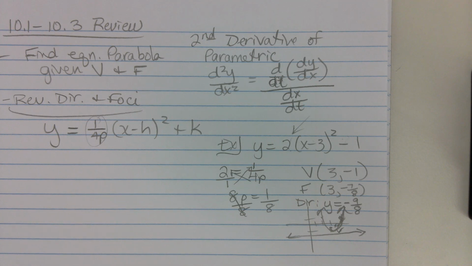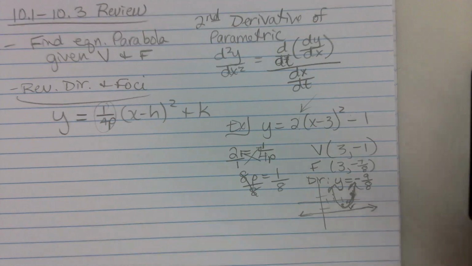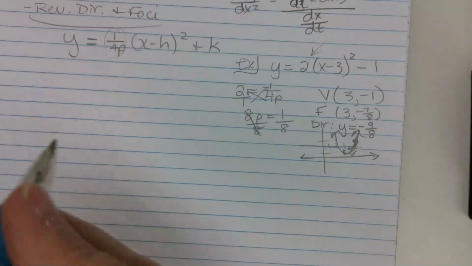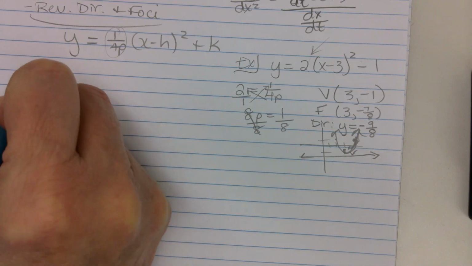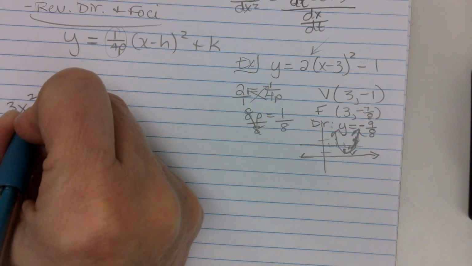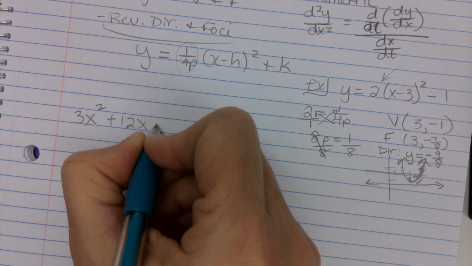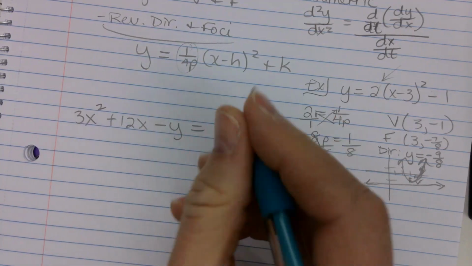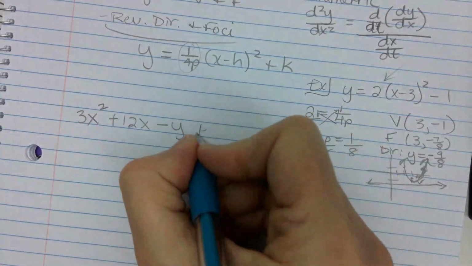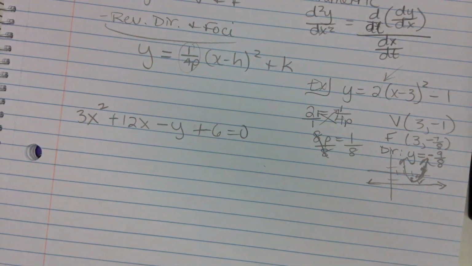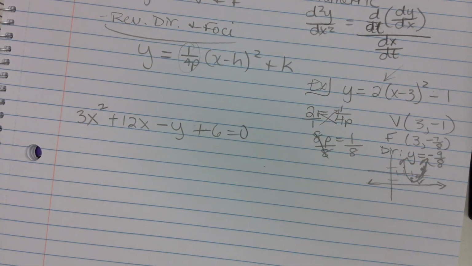And what about a case where you get the 2 as the a, but inside the parentheses it's like 3x minus 3, all squared, and you have to factor out the 3 next to the x to find p? Typically you'll get the problem in a form where you complete the square, like 3x squared plus 12x minus y plus 6 equals 0. And p is only for parabolas, it wouldn't be for a circle. Yeah, only for parabolas.